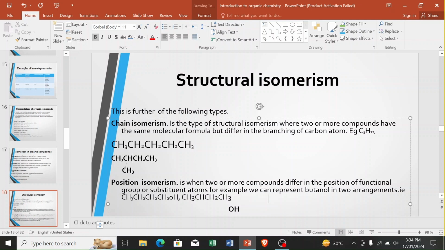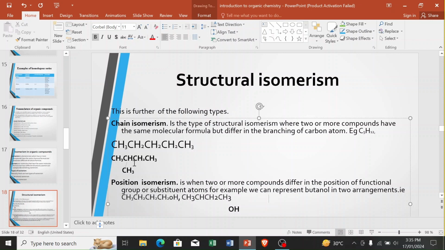We identify the longest chain by counting the number of carbon atoms in each chain. This is 1, 2, 3, 4, or 1, 2, 3, 4. And 1, 2, 3 cannot be the chain because 4 is greater than 3. We can either take this route or this straight route. Either way, we shall find one branch, and that branch has one carbon atom.